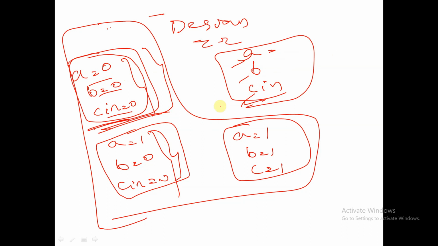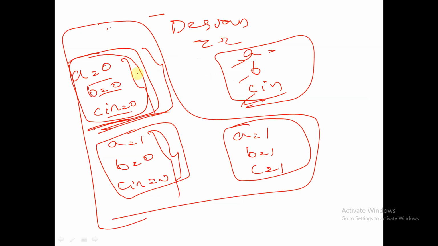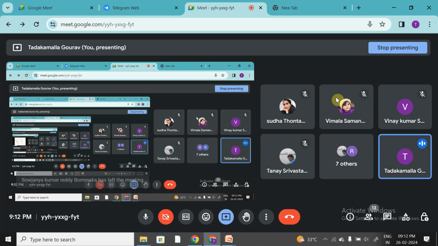There are multiple combinations involved here. If there are three inputs, there will be multiple combinations, but we are only trying the four combinations in this TB. Up to here, is it clear, right?